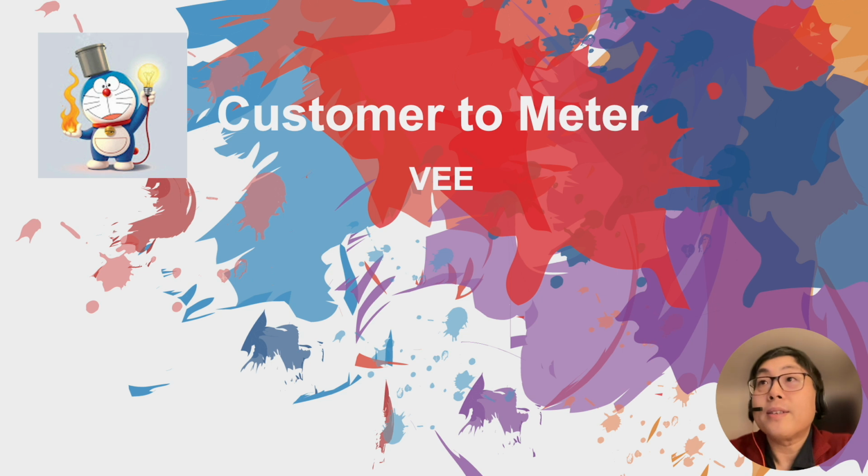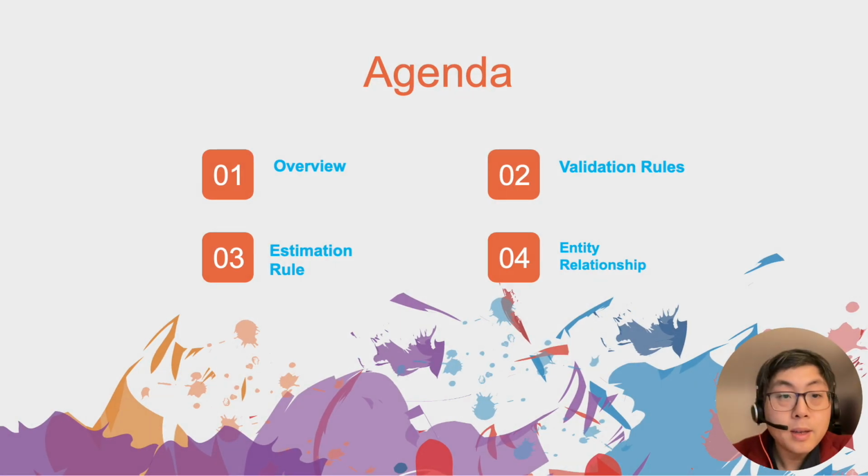So today we're going to talk about a big topic in MDM, and this is called VEE: Validate, Estimate, and Edit process for the meter reads. I break that down into four sections.